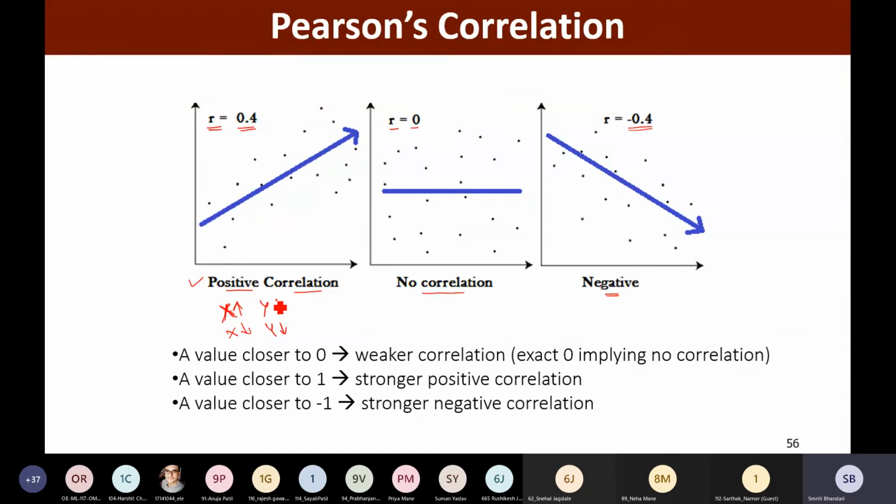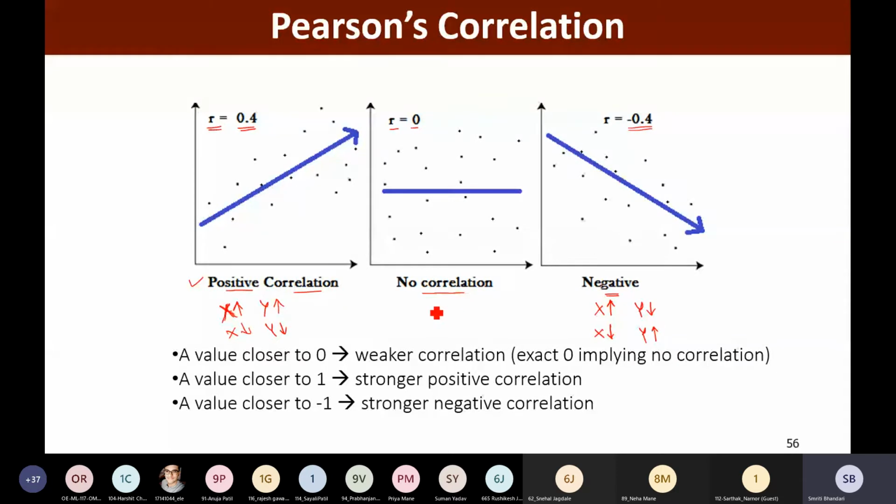If we have x value increasing, but whenever x increases my y value decreases, or whenever my x decreases, y value increases, then I'll say that it is negative correlation.